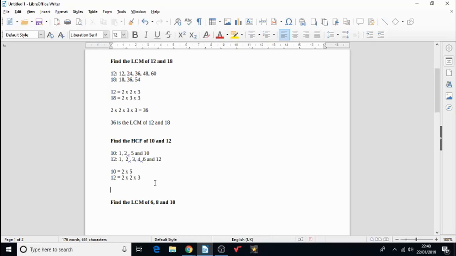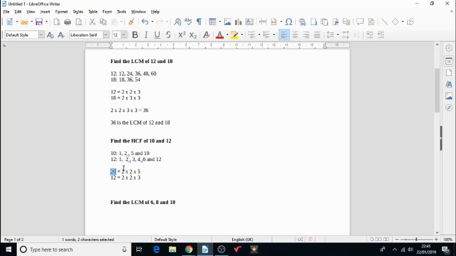So for example, let's say 10 was 20. So 20 would be 2 multiplied by 2 multiplied by 5. That highest common factor would be 4 because 2 multiplied by 2, which is 4, is also in 12. So therefore the highest common factor would be 4.